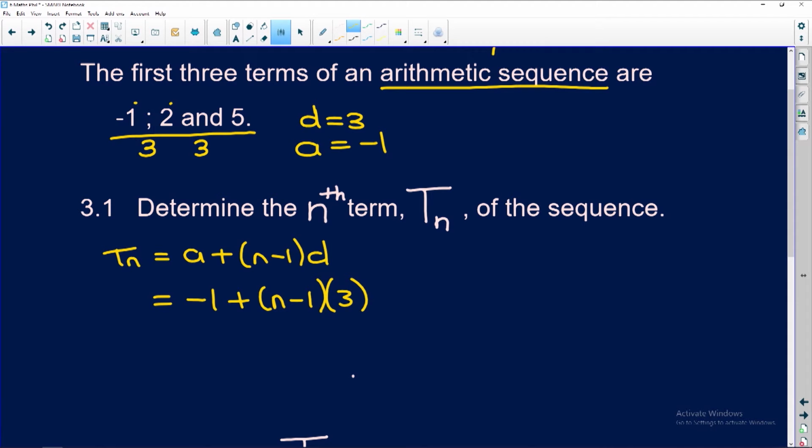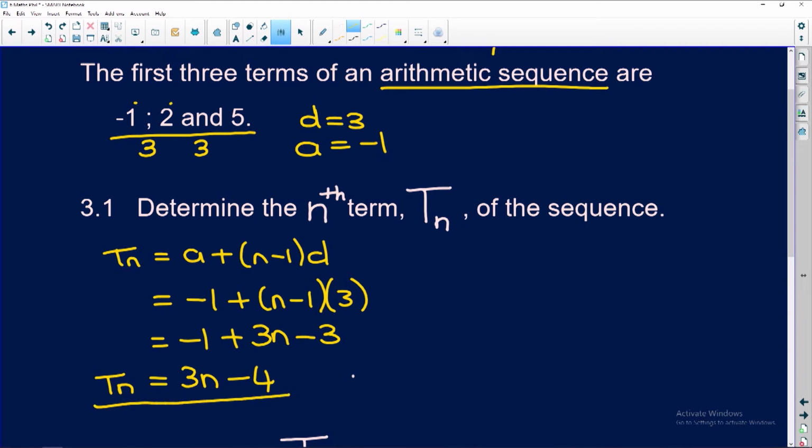If we multiply out the brackets, we get negative 1 plus 3n minus 3. And so Tn is equal to 3n minus 4, since negative 1 minus 3 is minus 4. That is the rule that defines every single term in this arithmetic sequence.